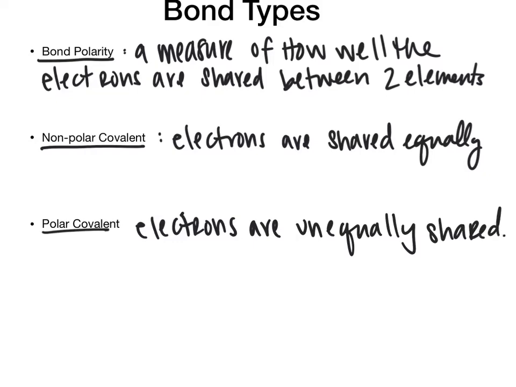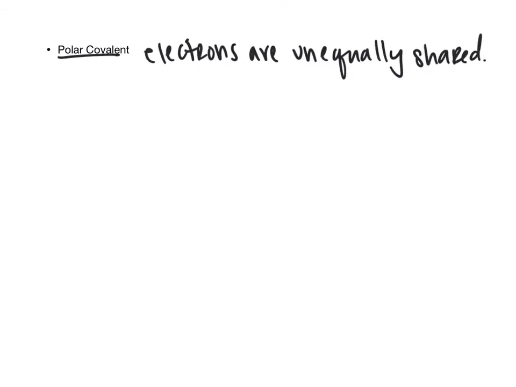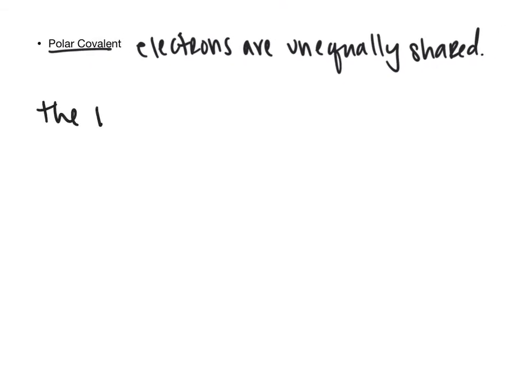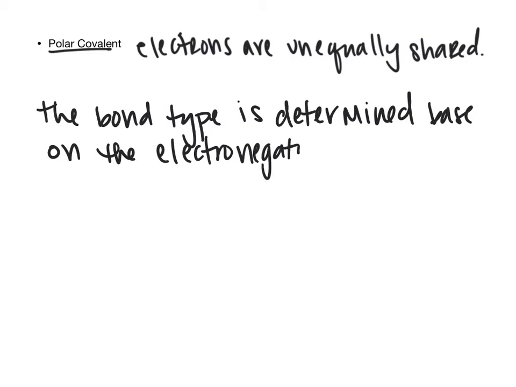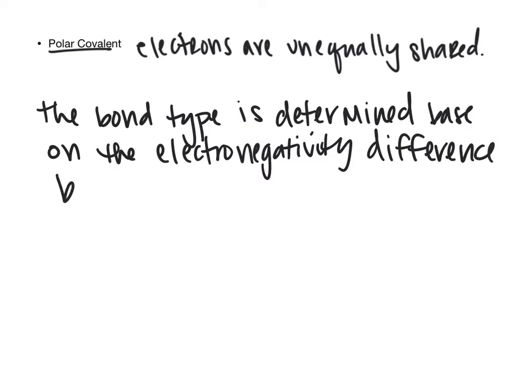The ability to determine whether a bond is polar covalent or nonpolar covalent is determined based on the electronegativity difference between two elements.